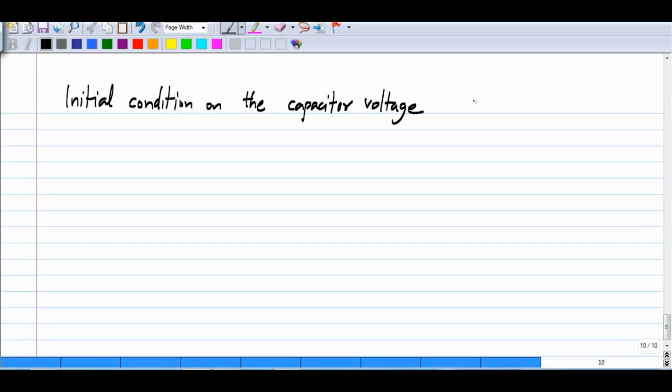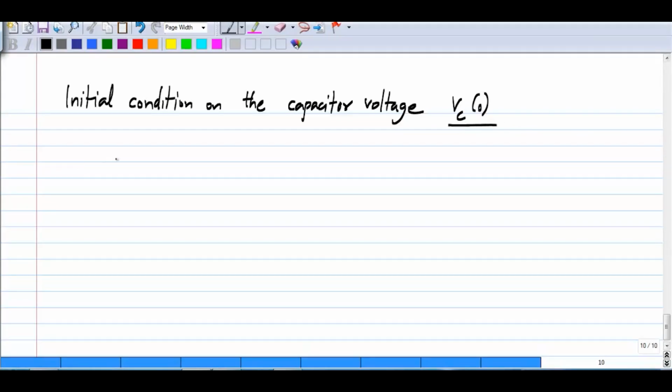So in this particular case, let's say that the initial condition on the capacitor voltage is Vc of 0.